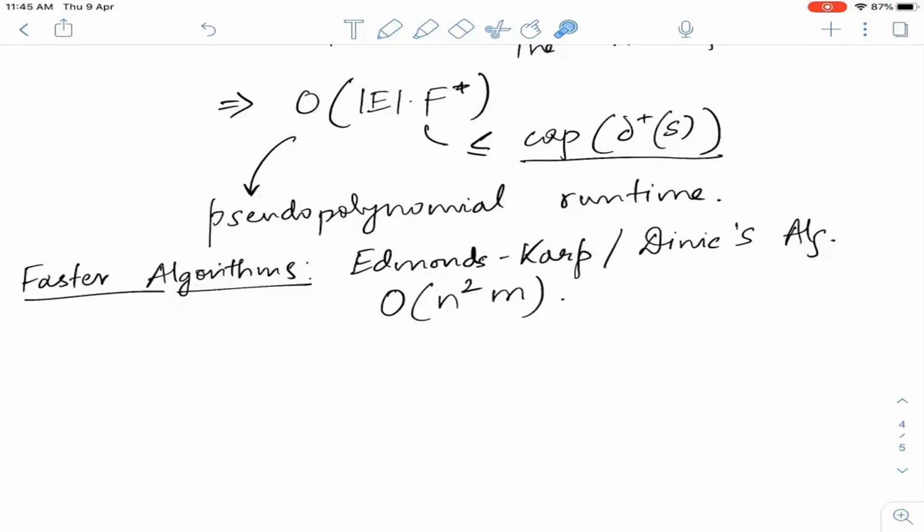That we only know after we run the algorithm. But in hindsight, this cannot exceed the value of your minimum cut, which is a property of your graph. Even if you think f star is some value that we are computing that is not really part of the input, all I'm claiming is that the value of the min cut is part of your input because it's a property of your graph.